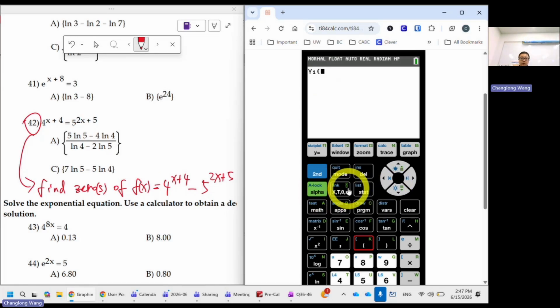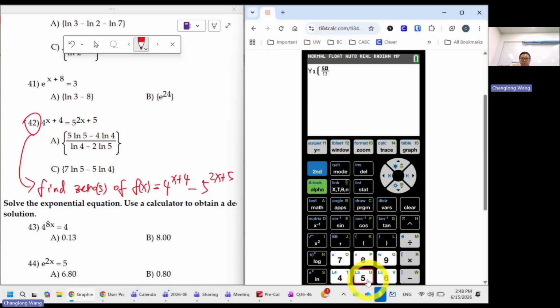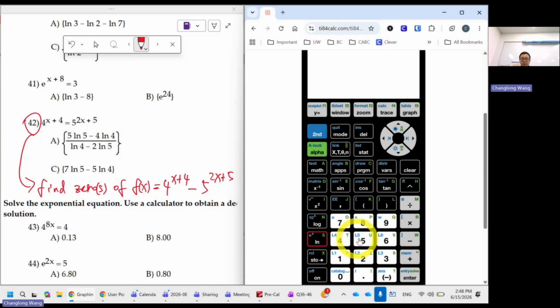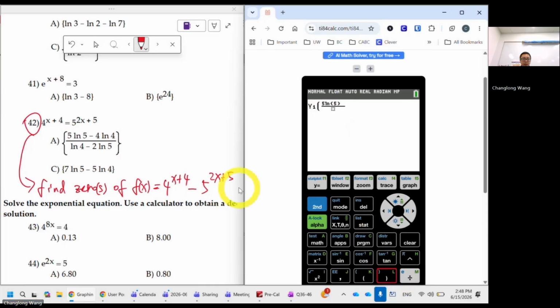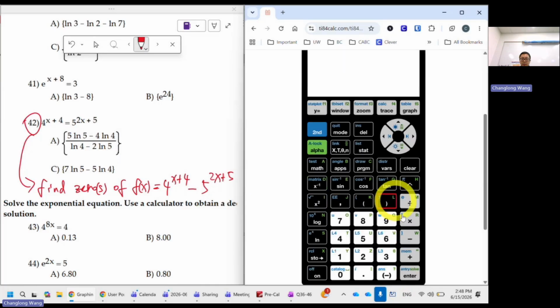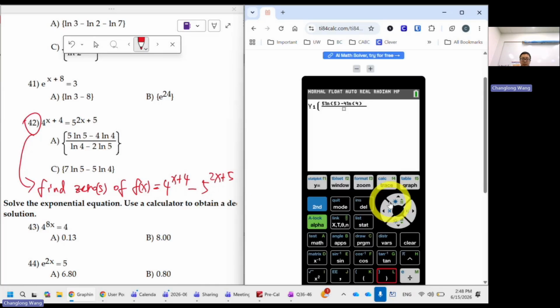All right, so the way you do that is go to alpha and hit that button, so you get to put in the numerator and denominator. So I'm going to go with 5 ln 5. It asked me to put in the parentheses to close it, so let's just do that. Minus 4 ln 4, close the parentheses.